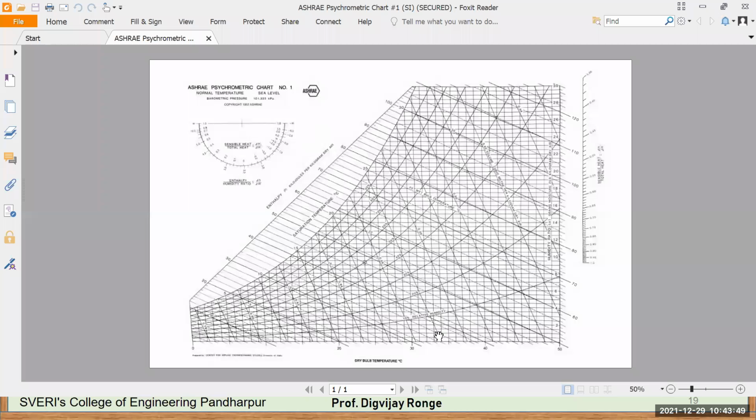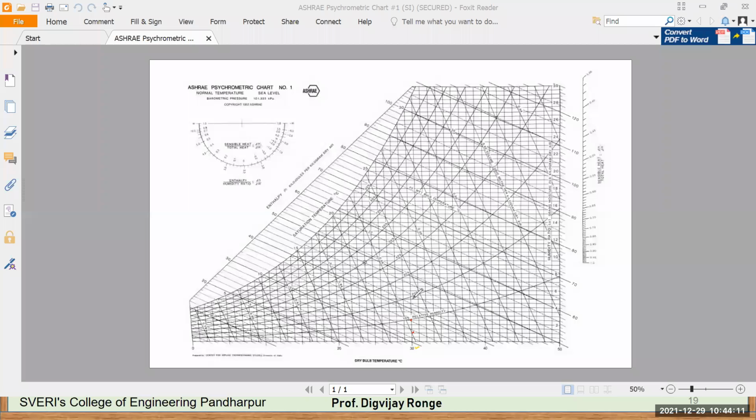Okay, so this is a psychrometric chart. The initial condition of air was 30 degrees Celsius, so this is 30 degrees Celsius DBT. So how to locate point 1: 30 degrees Celsius DBT and 75% RH.